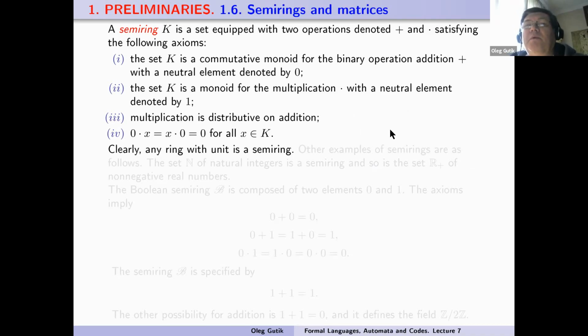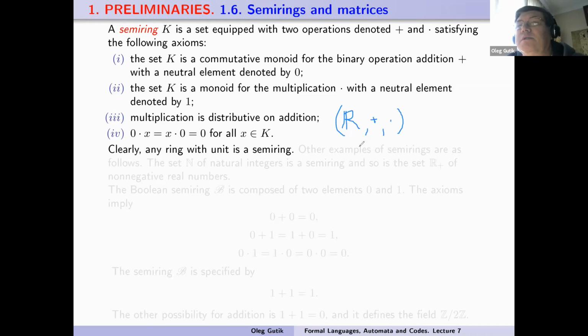So it is obvious that every ring with a neutral element is a semiring. A very simple example of a ring is the set of real numbers. If we consider the set of real numbers with two operations, addition and multiplication, then R with such operations is a ring.